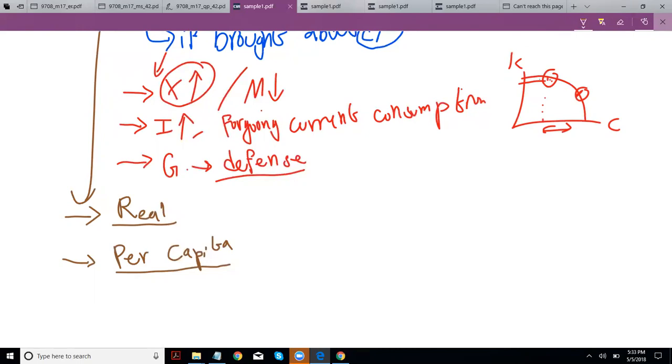The reason why you need to take per capita into account is because of two basic things, right? The first thing, when you're trying to compare between different countries, if a country has a larger population, there is obviously greater consumption and so on, hence its GDP might be larger, but for the average person the standard of living might not be that high because that GDP is divided over a lot of people.